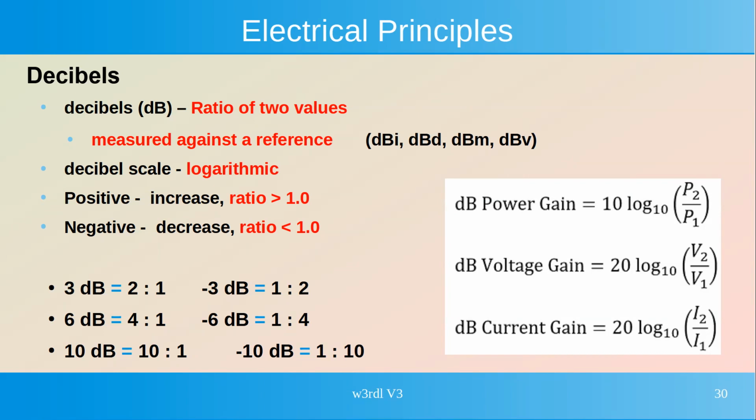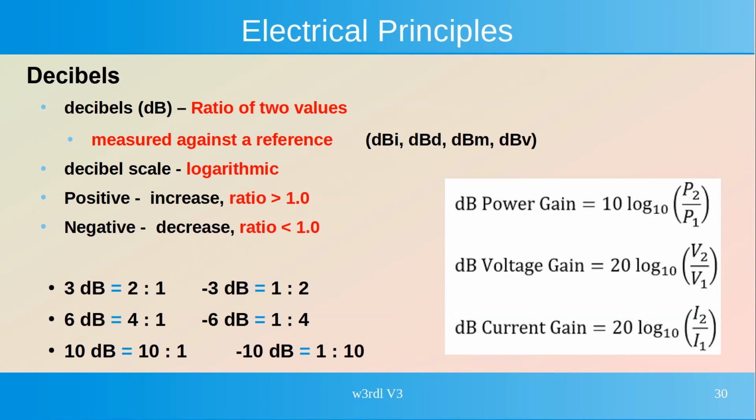So we had a ratio of 10. So if I take the log of 10, which I don't remember off the top of my head, and multiply that by 10, that's going to give me the power gain in dB.